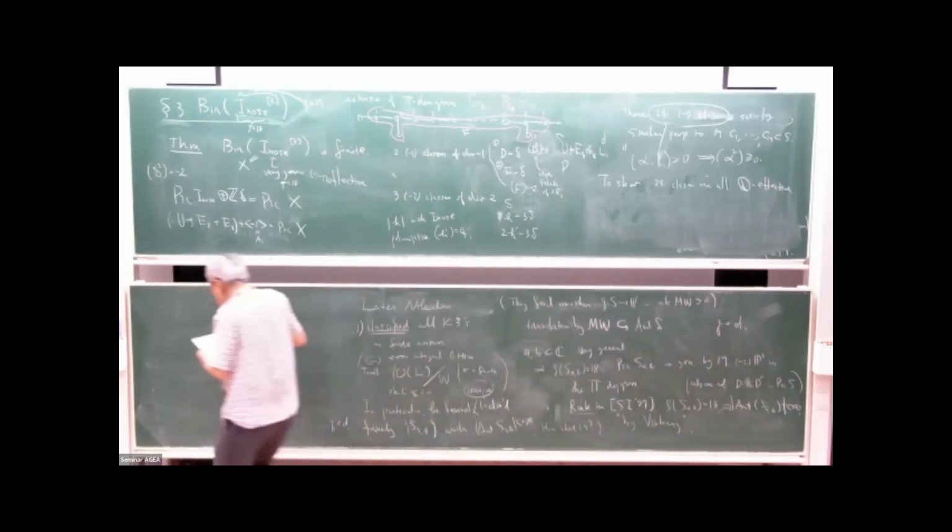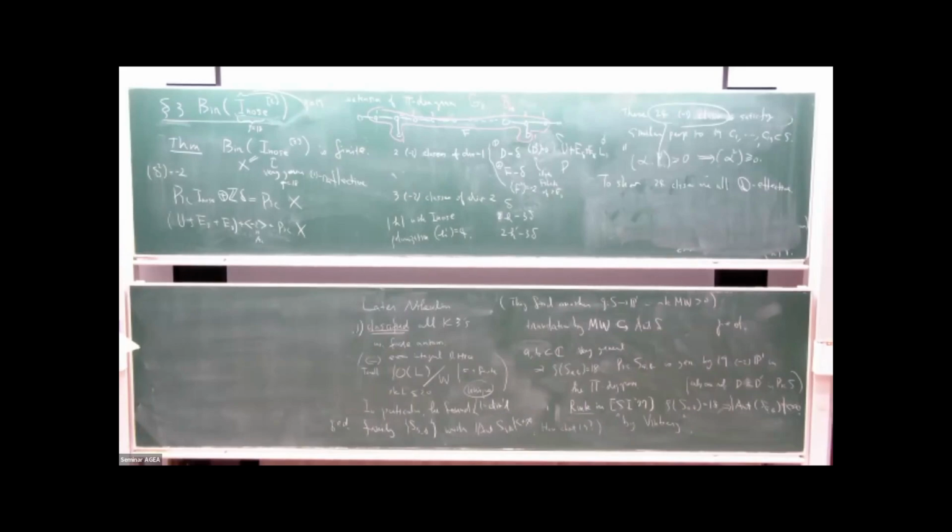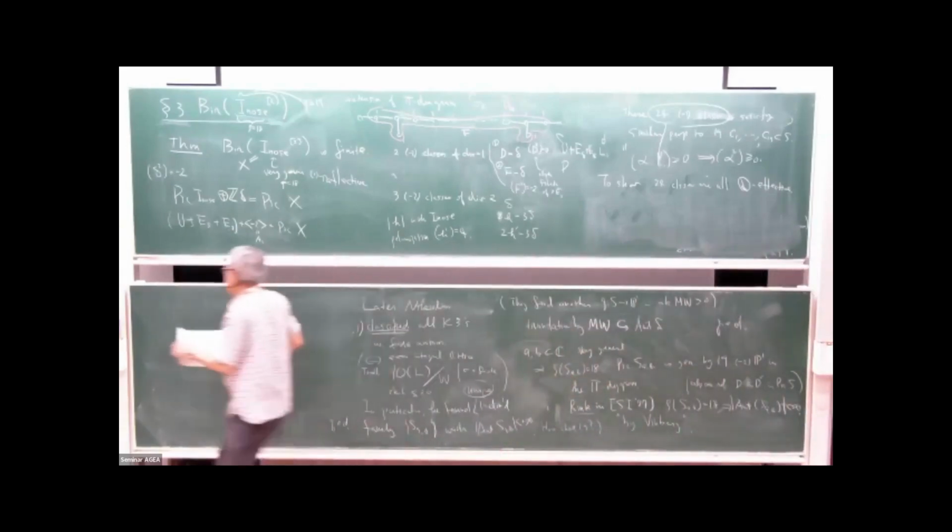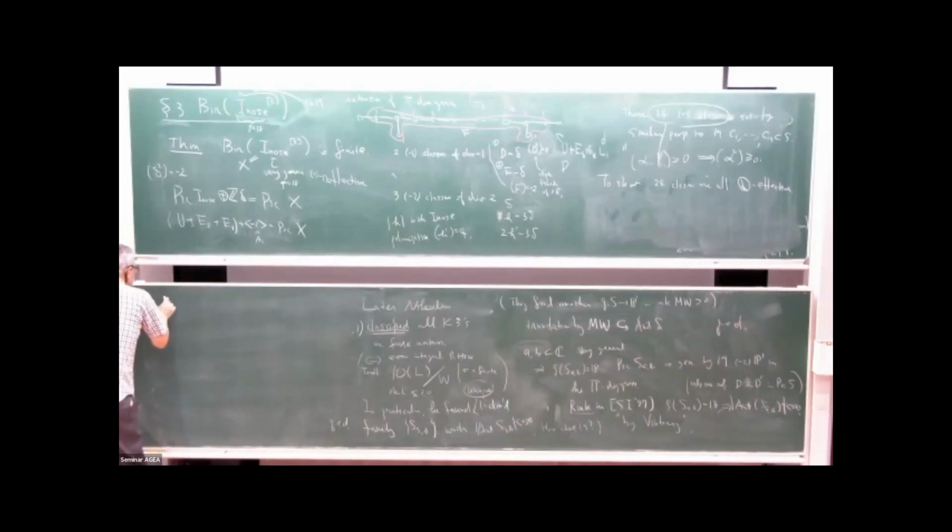So this is divisibility 2, and this is also divisibility 2. Let me denote this delta prime, and this delta double prime. The crucial point is to show delta prime and delta double prime are also Q-effective.